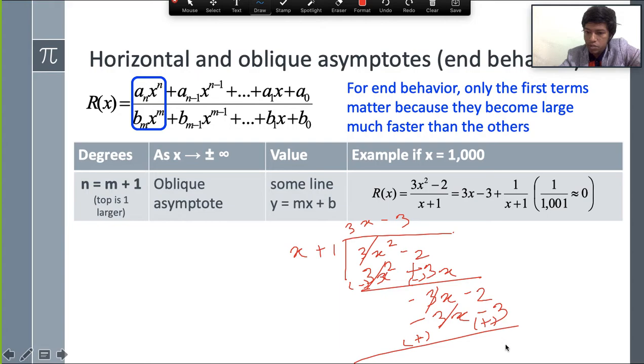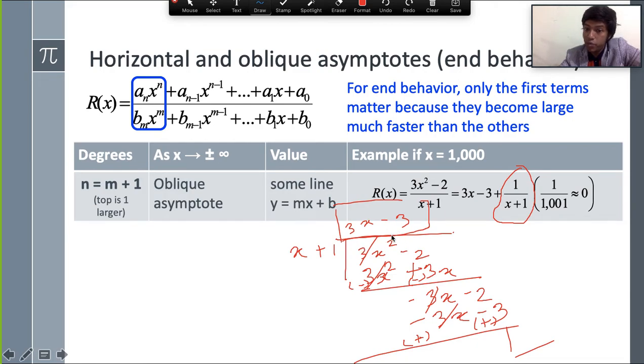So plus 3 minus 2 means plus 1. This is just a remainder which you do not have to care about. We can just write the remainder as 1 divided by x plus 1, because that part we cannot divide. So this answer will be our oblique asymptote.